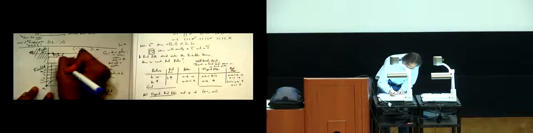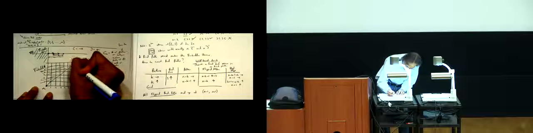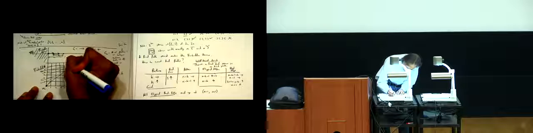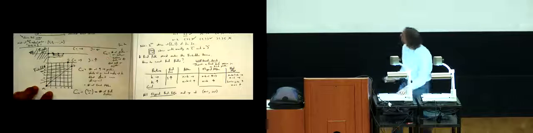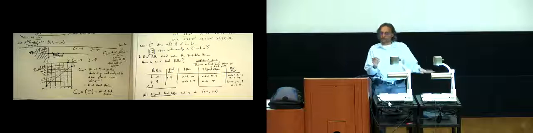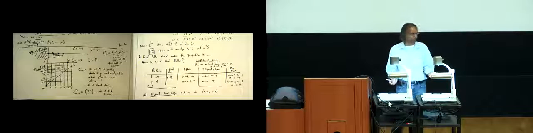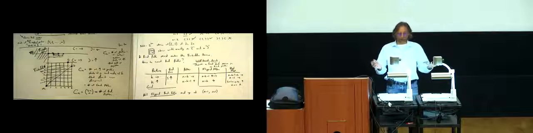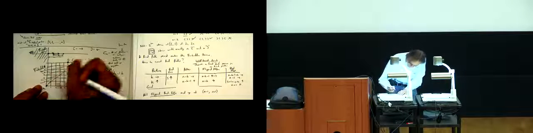Which is to say that all flipped bad paths end up here at point C. Okay? Do people see this? So we'll do an example. Let's do the baddest of bad paths. Okay? The baddest of bad paths goes like this.